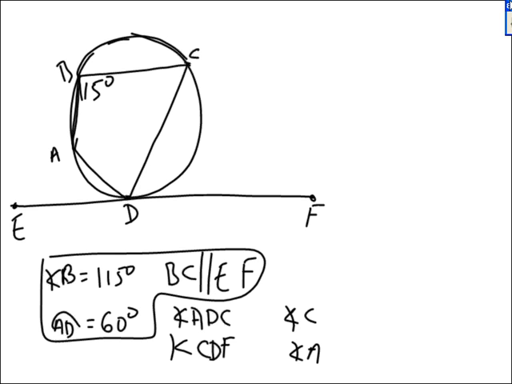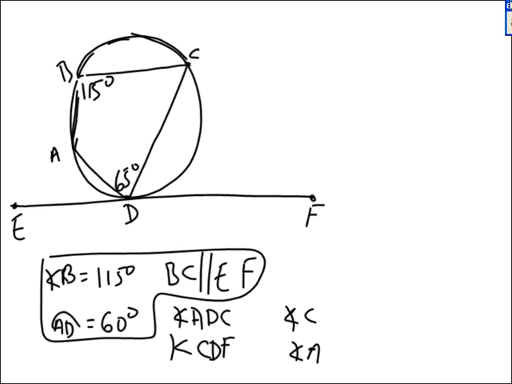That means the two opposite angles must add up to 180 degrees. This angle here is 65 degrees. So A and C add up to 180.